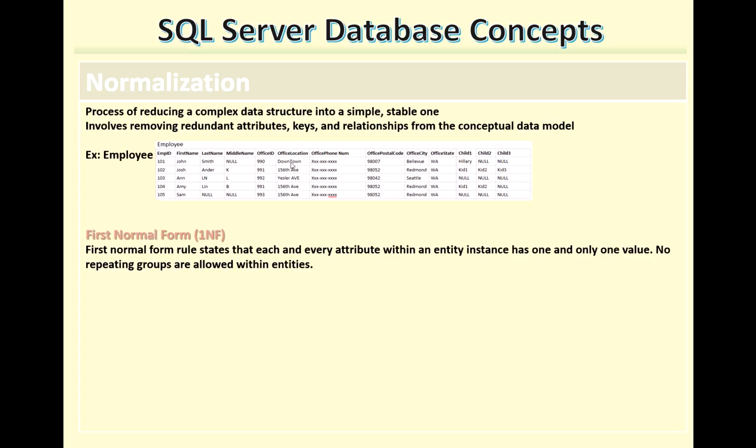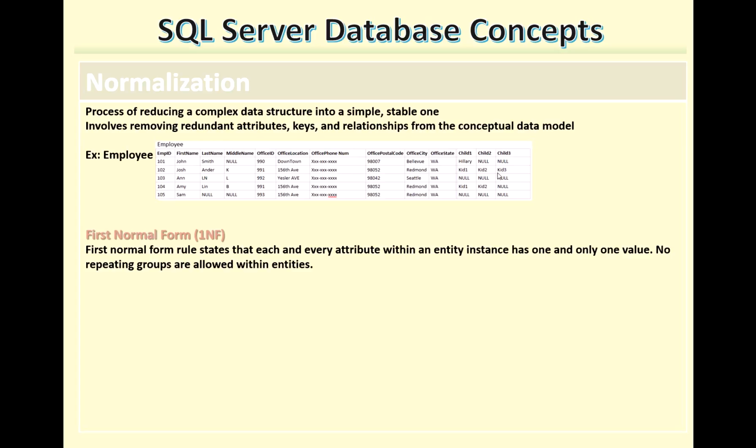If you look at the child information, these are repeating groups. We have child 1, child 2, child 3 as columns. What if a person has 4 children? We cannot accommodate that information into this table because we have only 3 columns for children. That is one problem we have here.